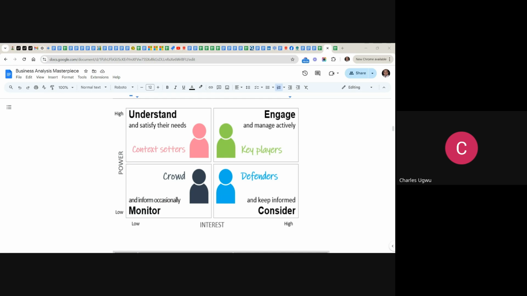Another group of people here, these key players, you can see they are on top. On top means that they have high power. And again, you're looking here under interest, that is interest. On the right hand, they have high interest, unlike these people that have low interest.